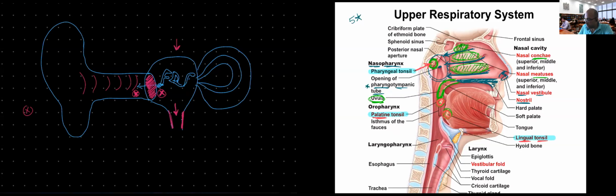If we keep moving down, we can see this part of the pharynx is called my laryngopharynx, which is located behind the larynx, or my voice box on here. You see that the voice box is formed of multiple cartilages.